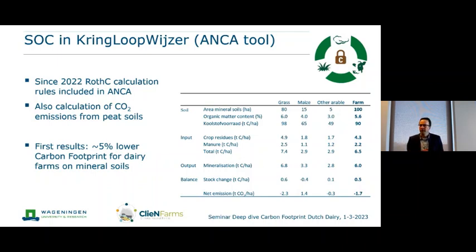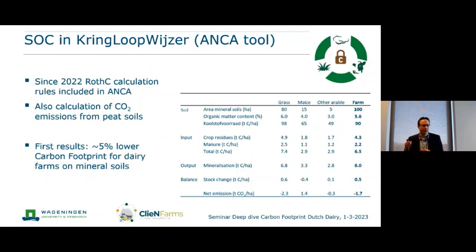the ANCA tool is a tool that almost all Dutch dairy farmers have to use, which calculates the nutrient flows on the farm, but it also calculates the carbon footprint. But so far, soil carbon was not in there. So that's now included.